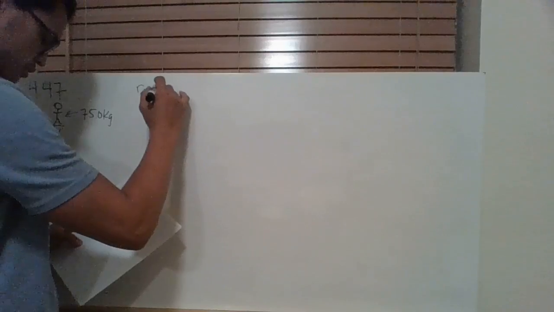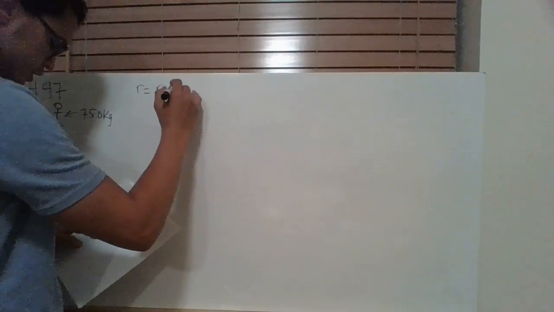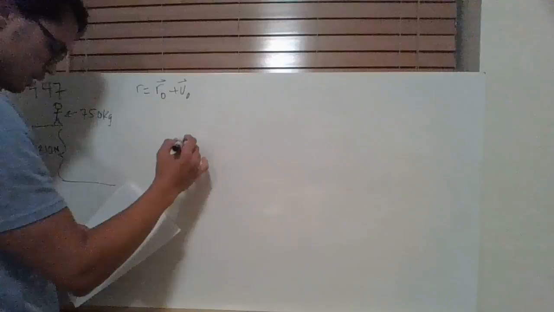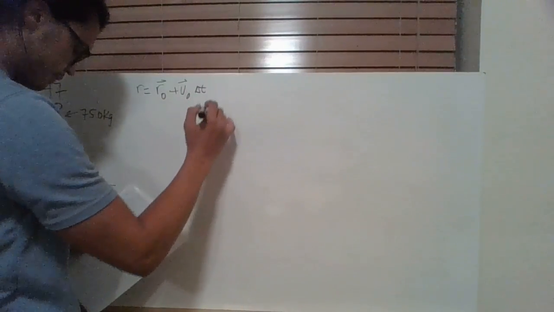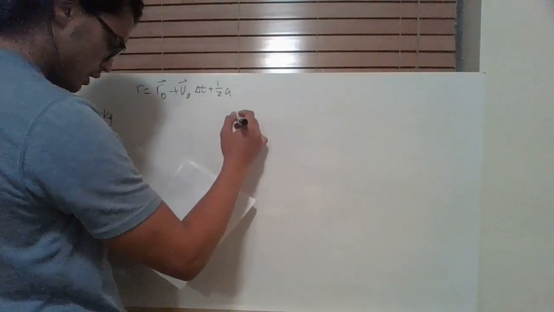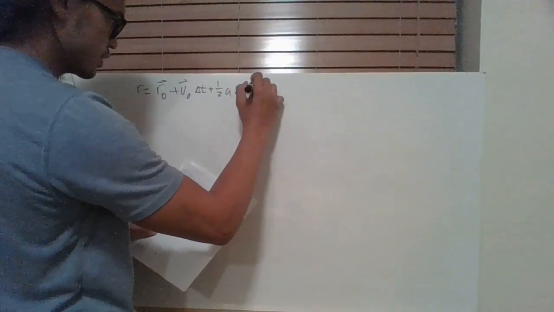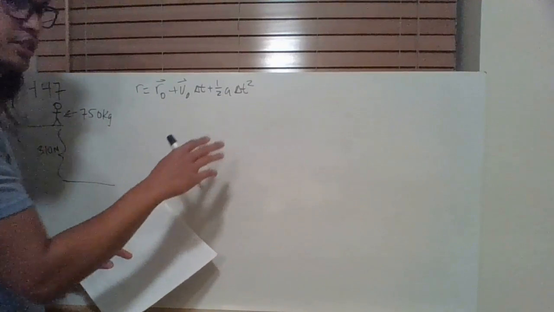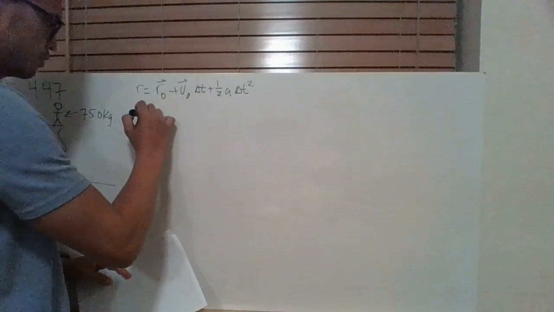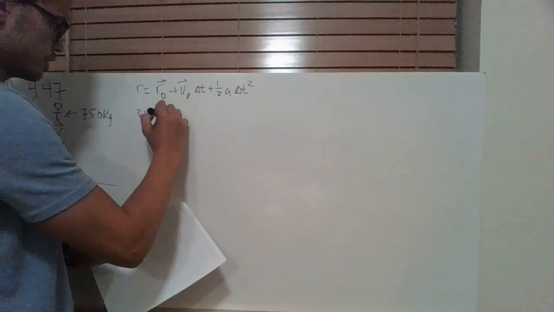So R equals R naught plus V naught delta t plus 1/2 a delta t squared. We already know a lot of this. His end position is going to be 3.1 meters.